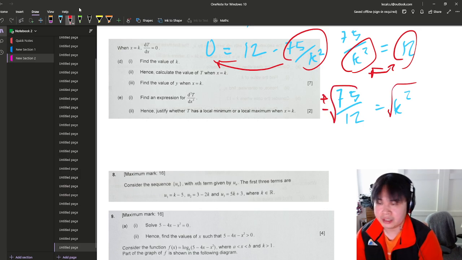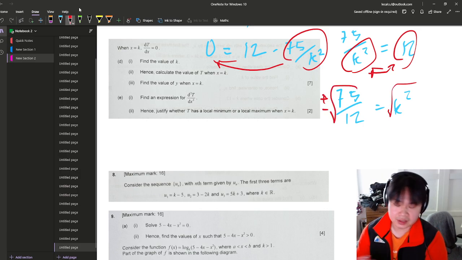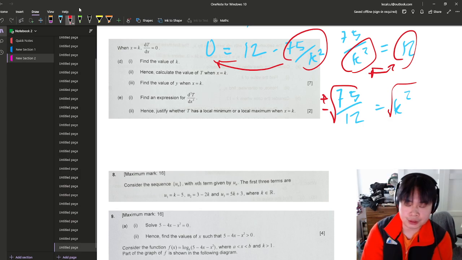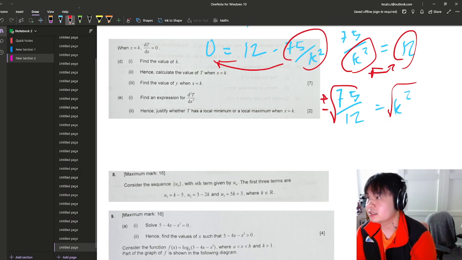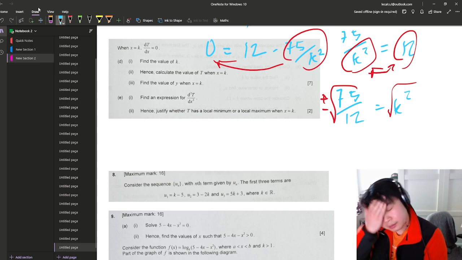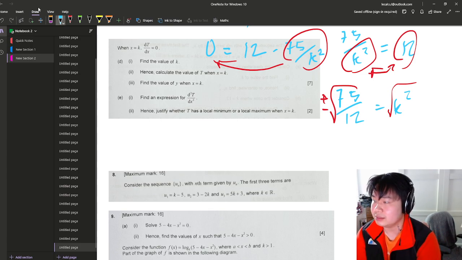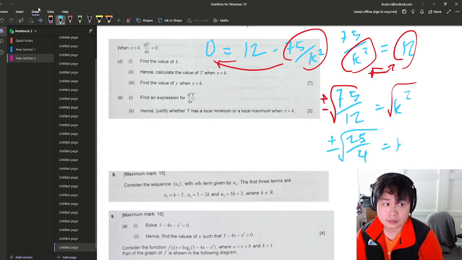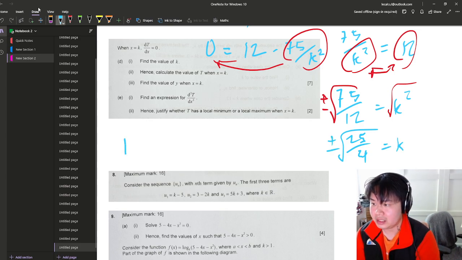Now, we are going to briefly consider plus or minus, as you always should, when we take the square root. And then 75 over 12. Please tell me that this is something nice. So 75 over 12 reduces to 25 over 4. So k is going to be 5 over 2.